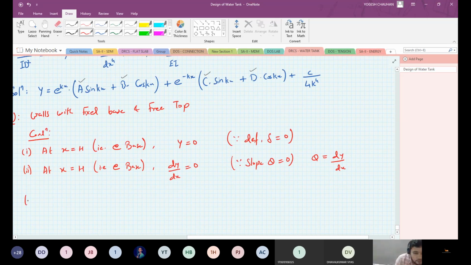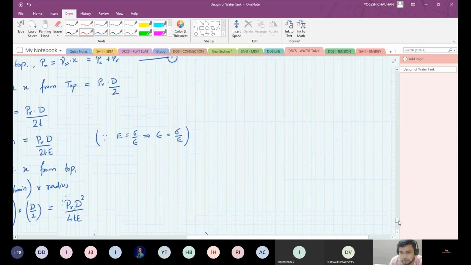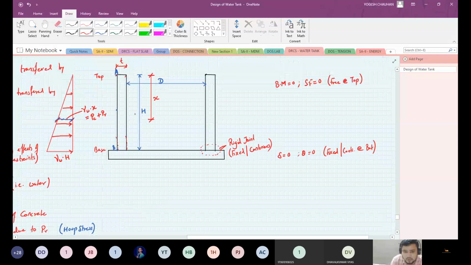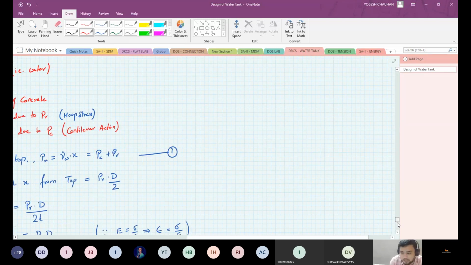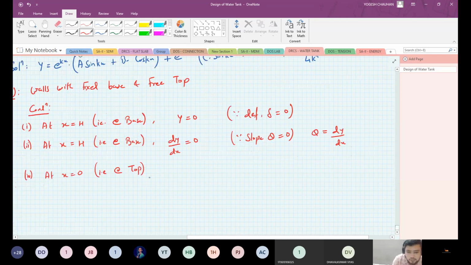Then at x equals 0, that is we are at the top. So you put the value of x, you are at the top. So at the top, bending moment is 0 and shear force is 0. So at the top, your bending moment is equal to 0.